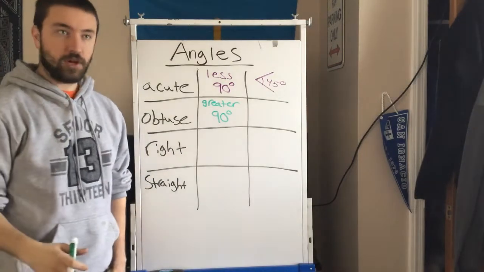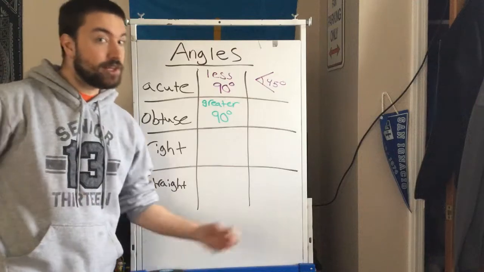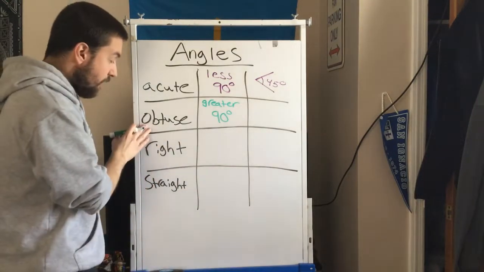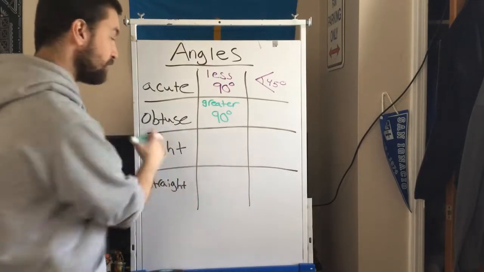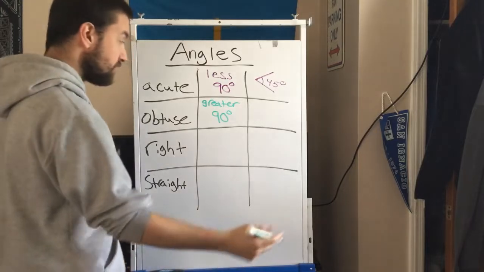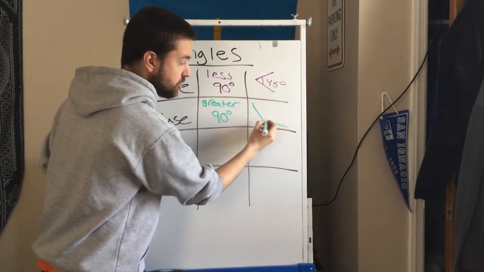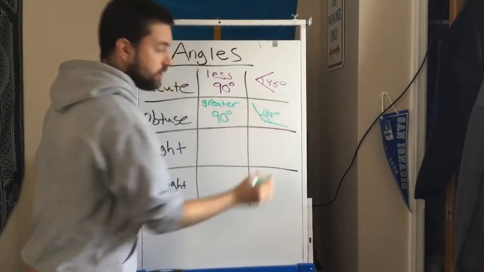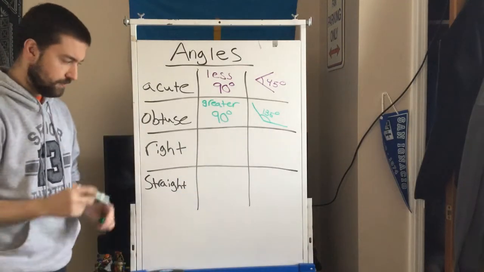One way to remember this one is, one way of saying a person is really big is saying they're obese, starts with an O. Obtuse, big angle. Obese, big person. These things are huge. These angles are much bigger than 90 degrees. And they look something like this.